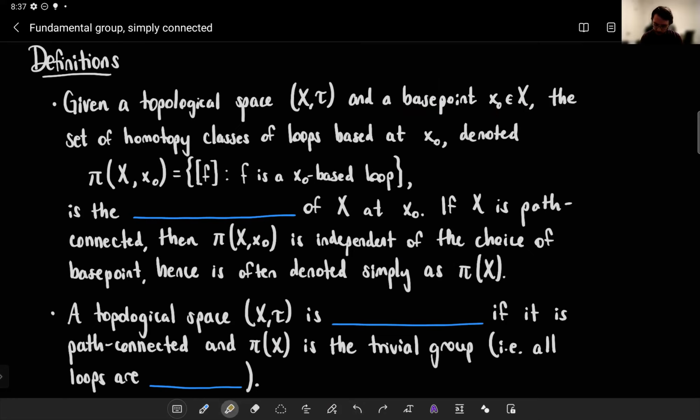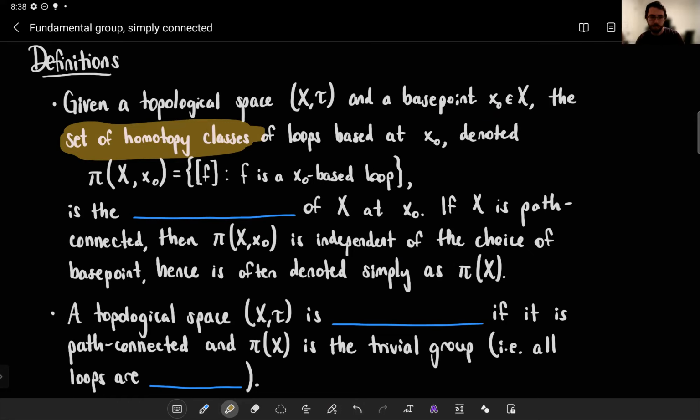So given a topological space and a base point, we can talk about the set of homotopy classes. And this is exactly what you would do if you had an equivalence class in an algebra course, or anytime you encounter an equivalence relation, you can talk about the set of equivalence classes.